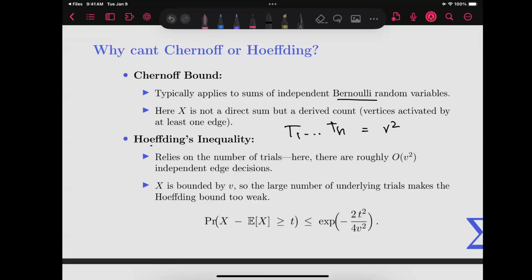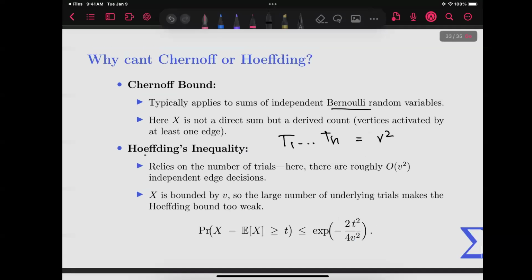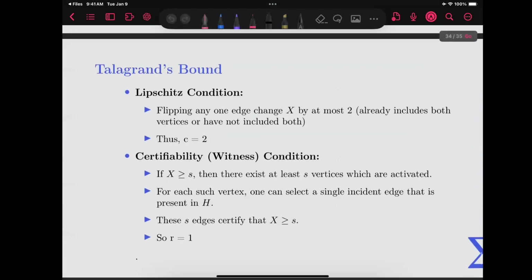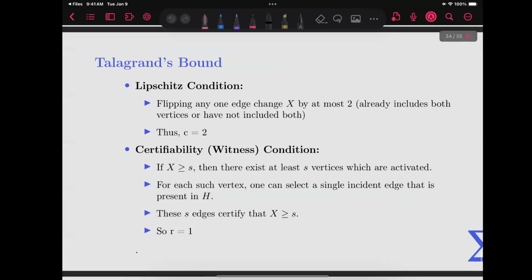That number is way too high to be using here. If you divide by V squared, it gives you a much bigger bound than you want. So these two inequalities are not applicable in high dimensions. That's why we should use a Talagrand bound.